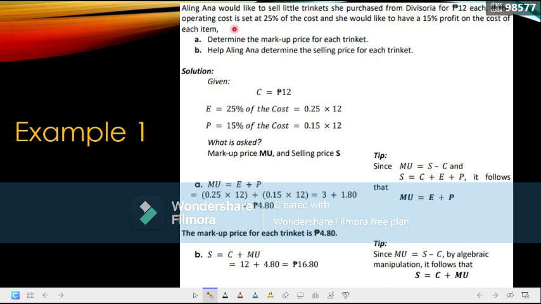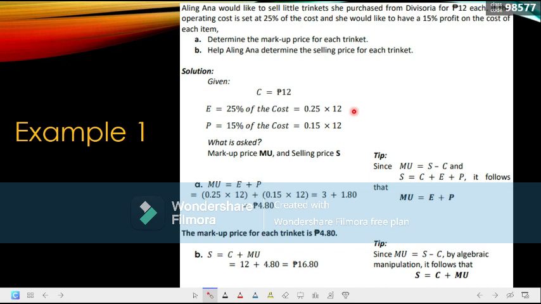If the operating cost is set at 25%, that's E, of the cost, meaning the operating cost is 25% of the cost. So since the cost price is 12, 25% of the cost is 0.25 times 12.